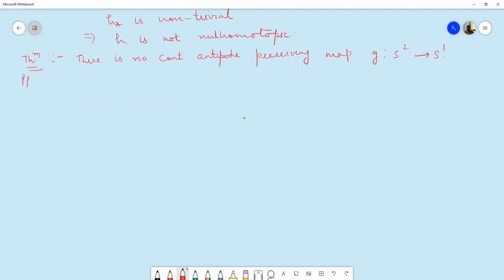Now we will prove it by contradiction. Suppose there exists a continuous antipode preserving map G from S2 to S1. Let this be a continuous antipode preserving map.